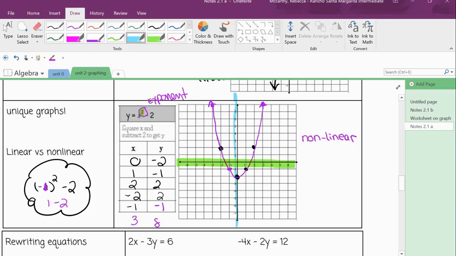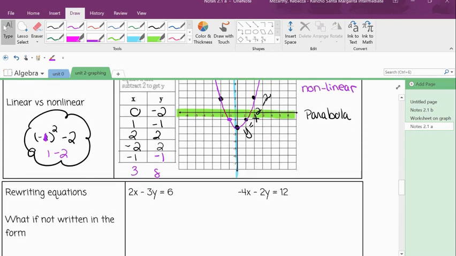That means it's not a straight line. So it's really important when we're graphing that you recognize if it's linear or not, complete your table of values, and then we're going to write our equations. Y equals x squared minus 2 is what we call a parabola. We'll see those in the second trimester.